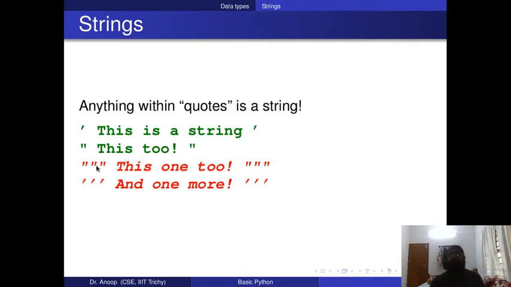The third one is in triple quotes, meaning it opens with 3 double quotes together, then writes the text and closes it with 3 double quotes together. Or it can be 3 single quotes to open and 3 single quotes to close. All of these are valid strings in Python.